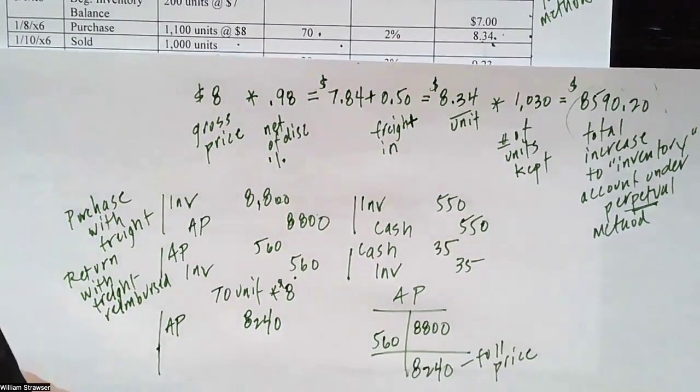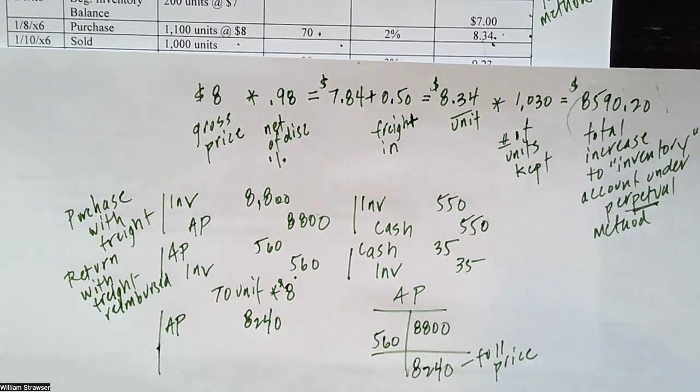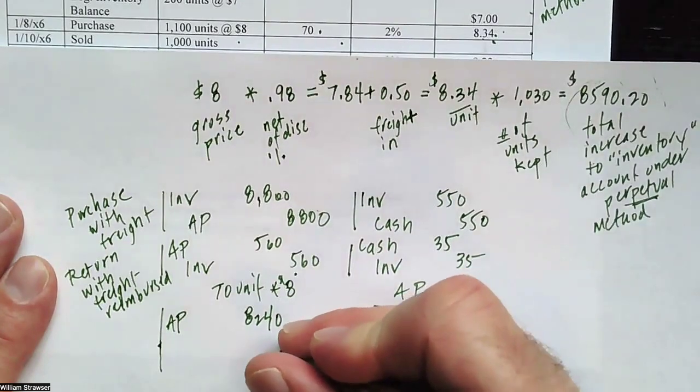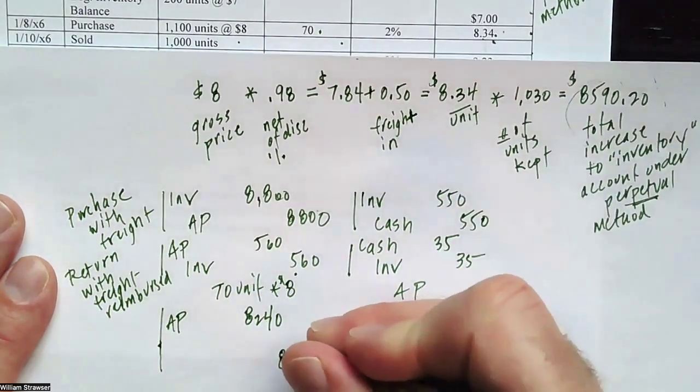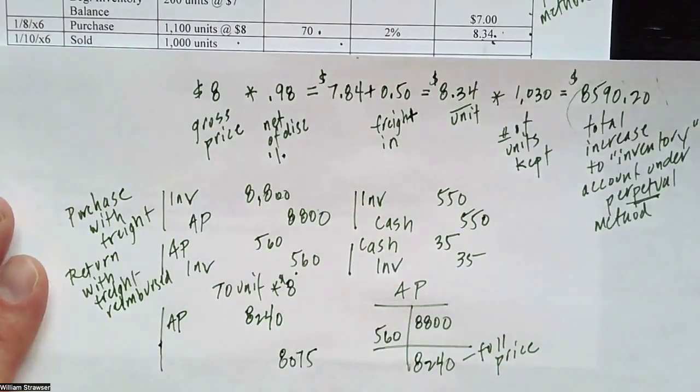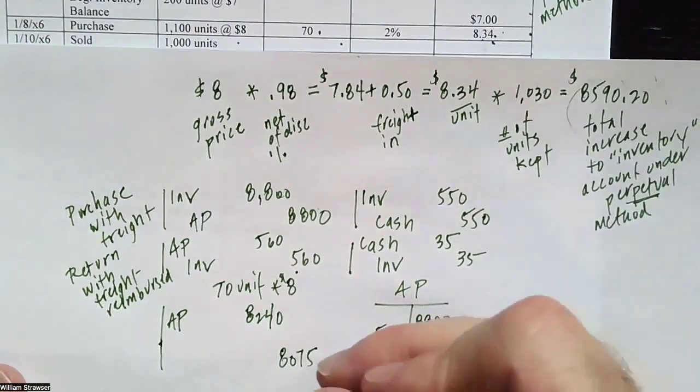They're going to pay that 8,240, except that they get the 2% discount. So they actually end up paying me $8,075 and 20 cents.